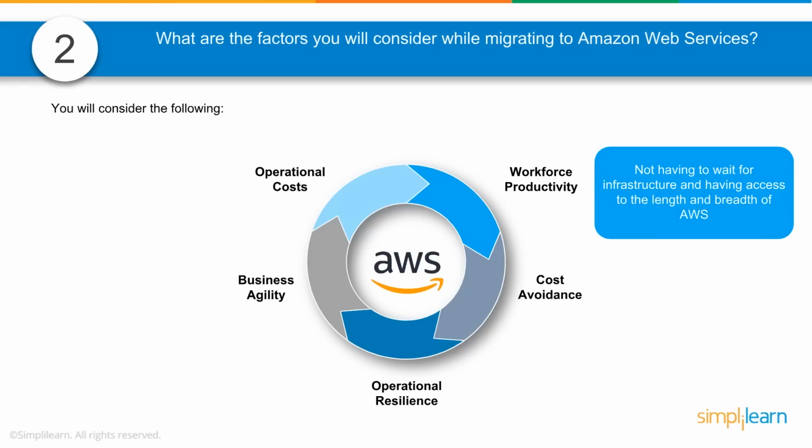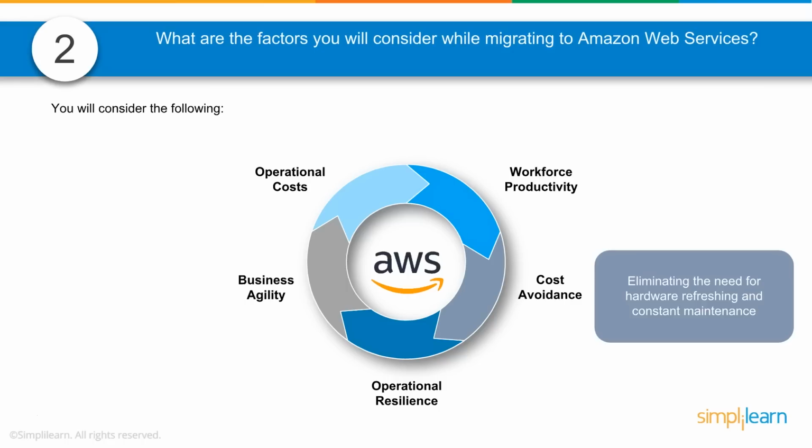If the application cannot wait, waiting means workforce productivity loss, isn't it? So we would want to immediately launch instances and put the application on top of them. In those cases, if there is an urge to make the application go online as soon as possible, then that's a candidate for moving to the cloud.